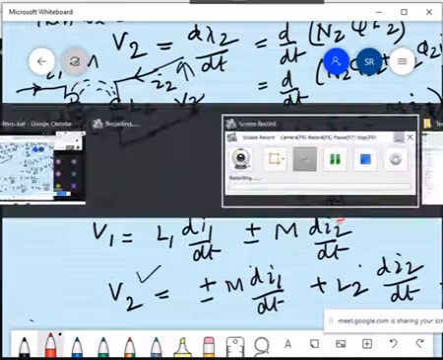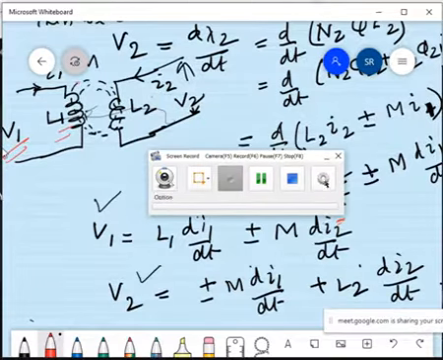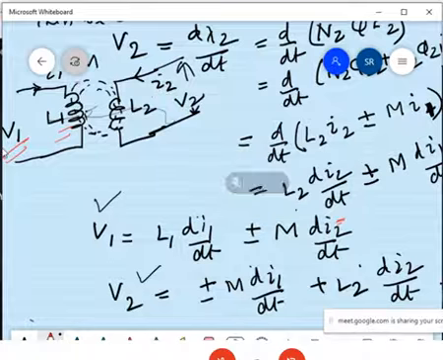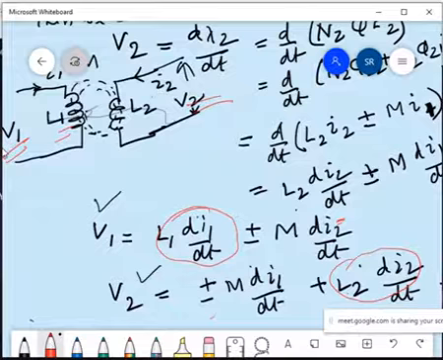So this voltage V1 will be L1 di1 dt plus minus M di2 dt. Similarly, this voltage V2 is equal to plus minus M di1 dt plus L2 di2 dt. This is the self-induced EMF.